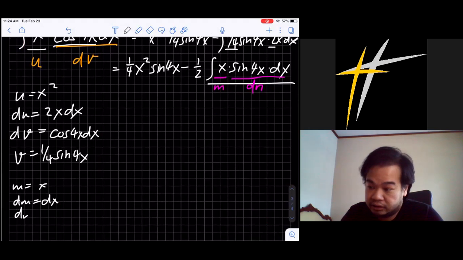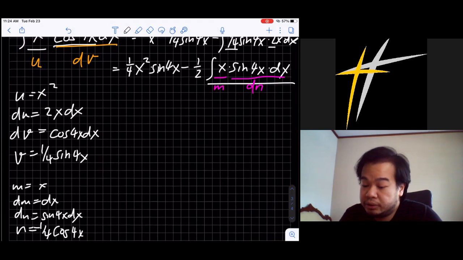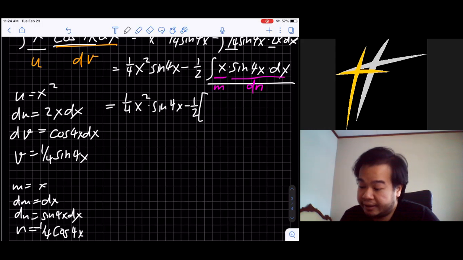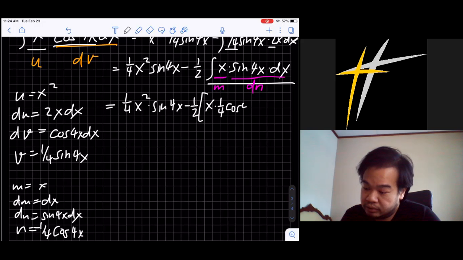And then dn is equal to sine 4x dx, and n is equal to negative 1 over 4 cos 4x. So then this will be equal to 1 over 4 x squared times sine 4x minus half in bracket m times n, with a negative, minus integral of negative 1 over 4 cos 4x times dx.